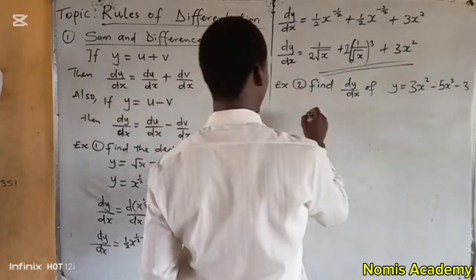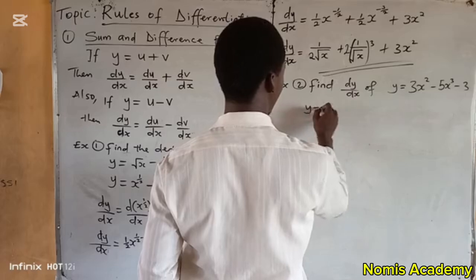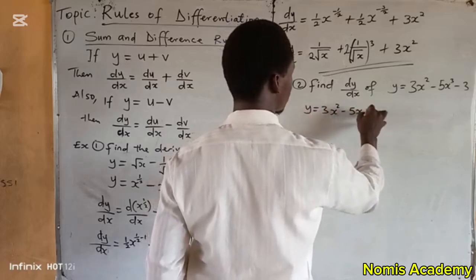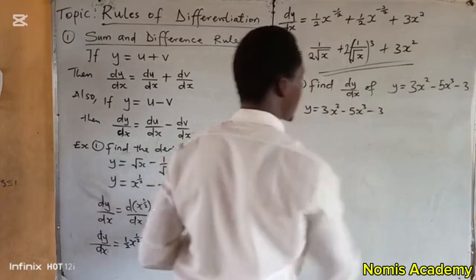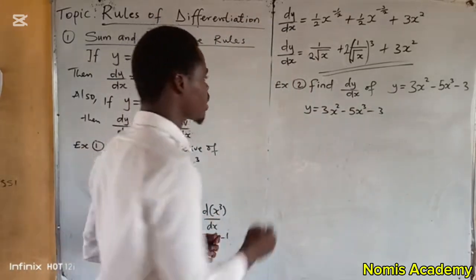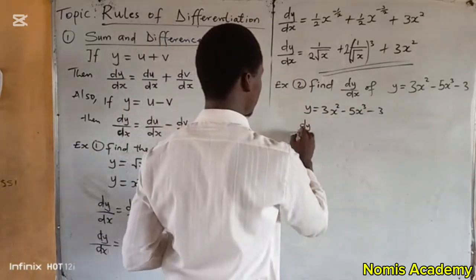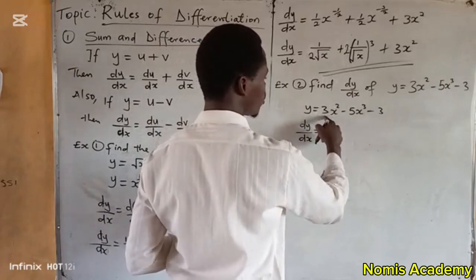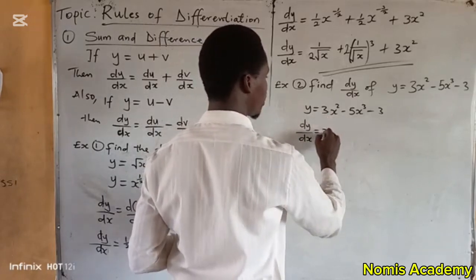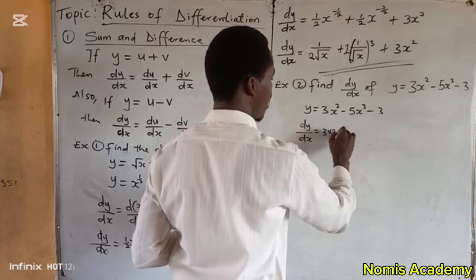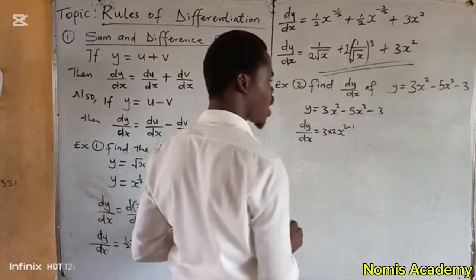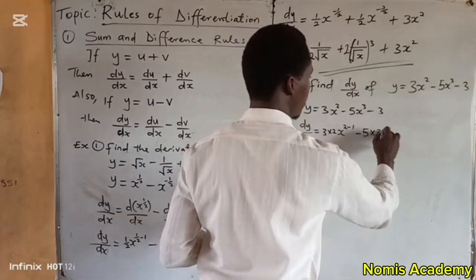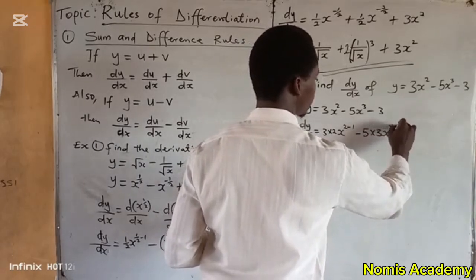So we write the problem again: y equal to 3x squared minus 5x cubed minus 3. Now to find dy over dx, we are going to differentiate this, and that will be 3 times 2, x raised to the power of 2 minus 1, minus 5 times 3, x raised to the power of 3 minus 1.